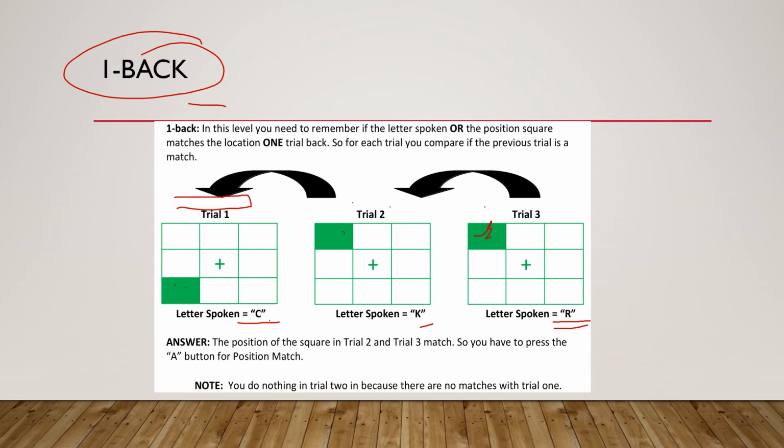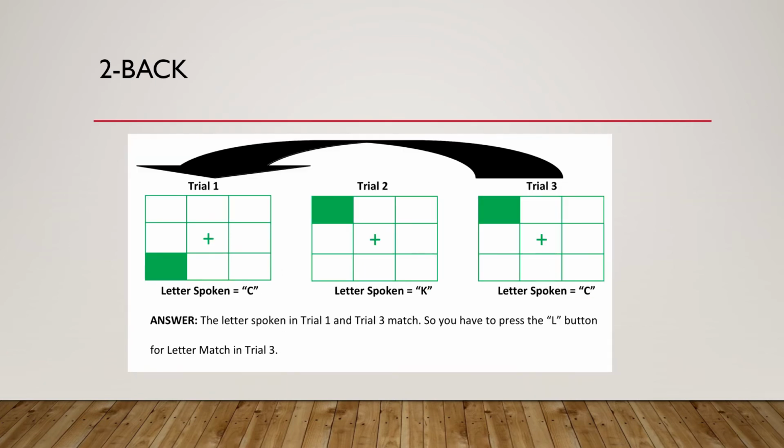To explain this better on 2 back, if we tell you to do 2 back, this is 1, 2, 3. If you see this, this will be 1 trial back, 2 trials back. So you would have to remember this. Now, the letter C with that position, K with this position.